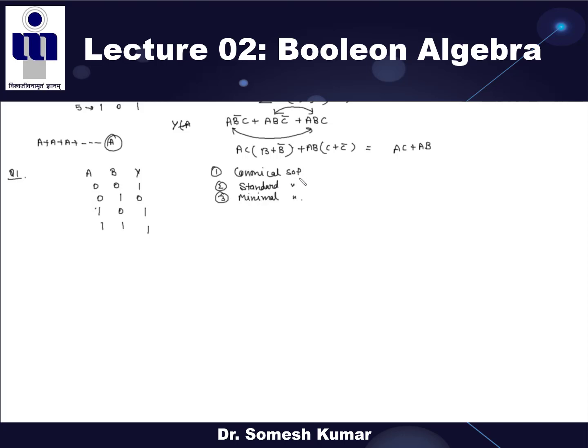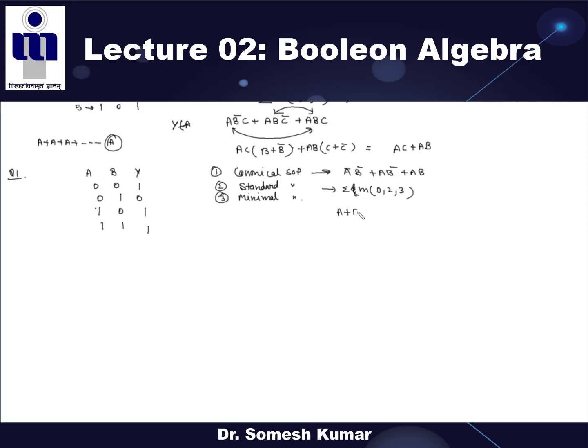I am directly telling you the answers. The canonical SOP form will come like this, and the standard SOP form is M 0, 2, 3.